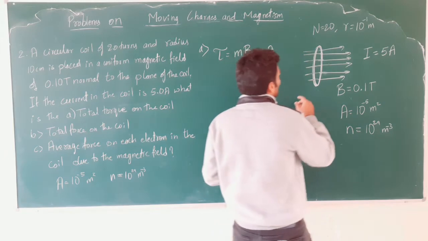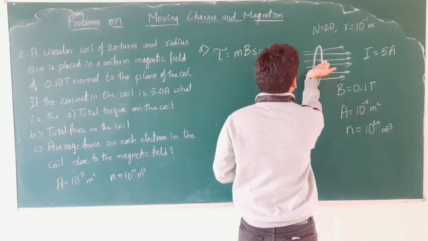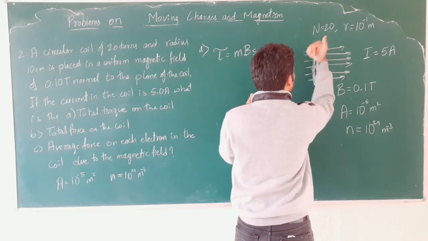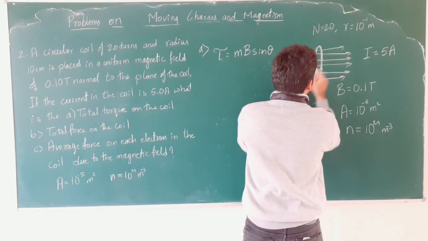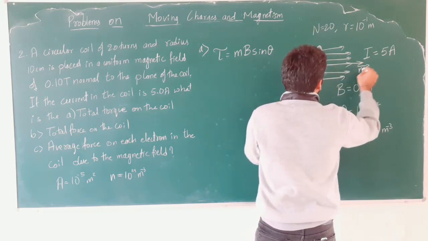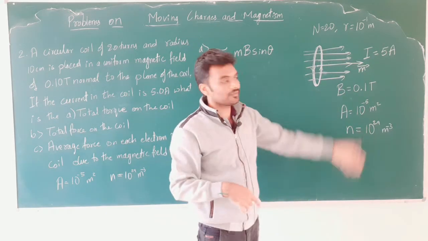What is the direction of the magnetic dipole moment here? If we assume that the current is flowing out of the board here and into the board here, then the direction of the magnetic moment is the same as that of the external magnetic field, like this.